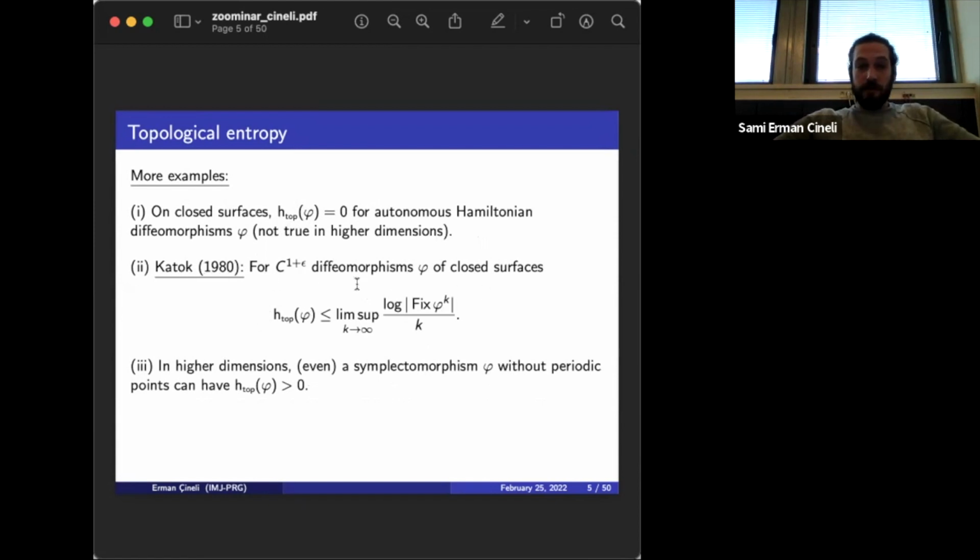Number 2 is a result by Katok: on closed surfaces, topological entropy is bounded from above by the growth rate of periodic points. This is not true in higher dimensions. It's easy to construct a counterexample. Namely, you pick a map which has positive topological entropy and take a product with an irrational rotation, either of a circle or a torus. Then the resulting map does not have any periodic points, but it still has positive topological entropy.